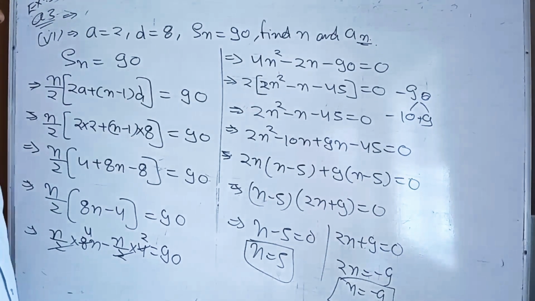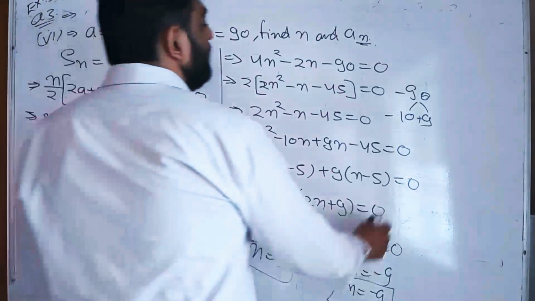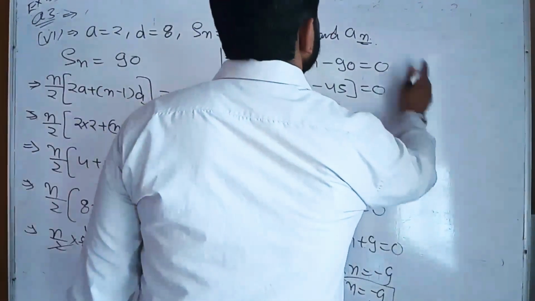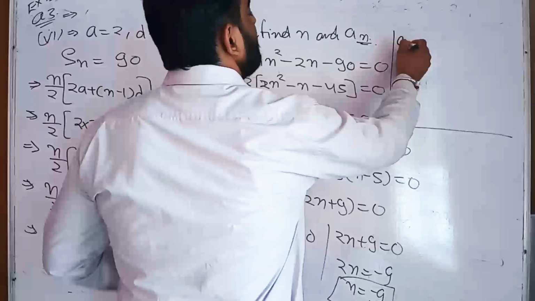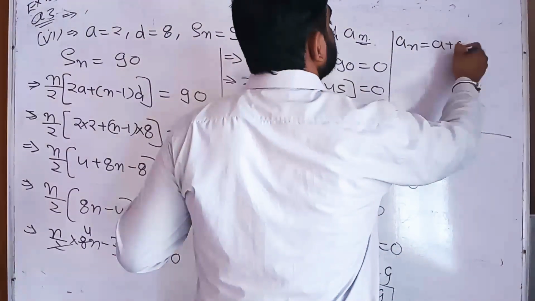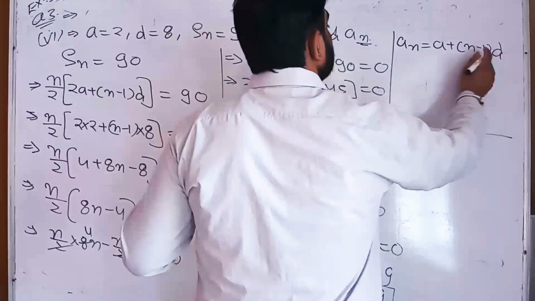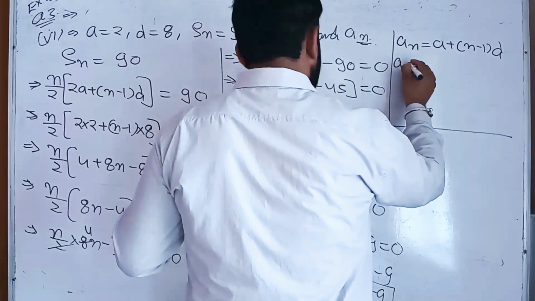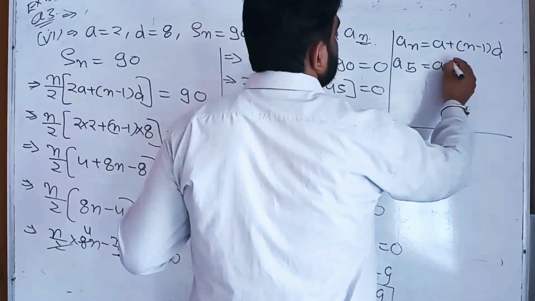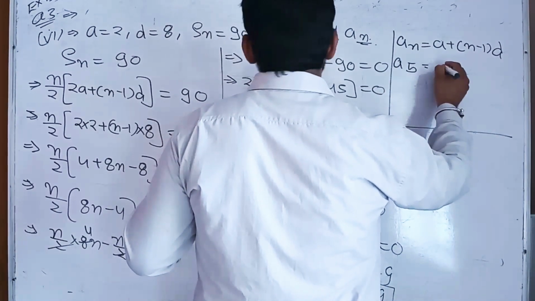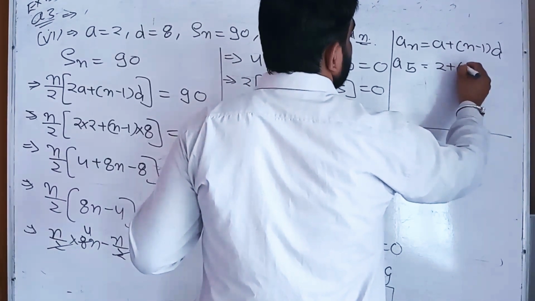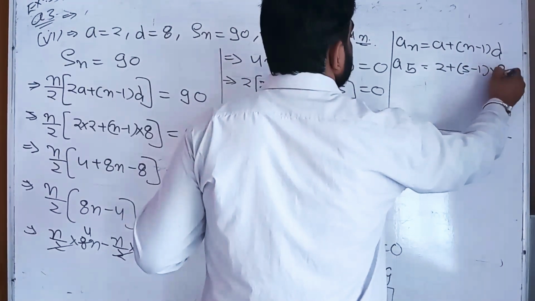If n is equal to 5, you need to find the value of an. What is the value of an, students? an equals a plus n minus 1 into d. So we have to find the value of a5. a is given as 2, that is 5 minus 1 into d equals 8.